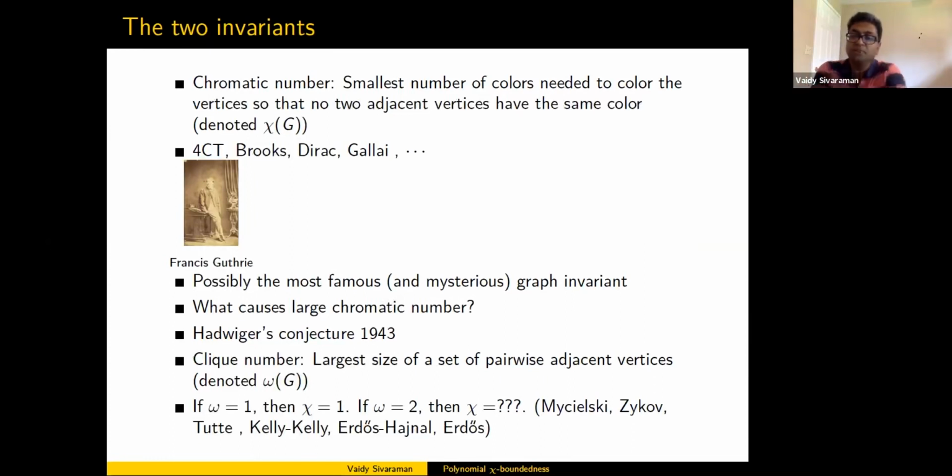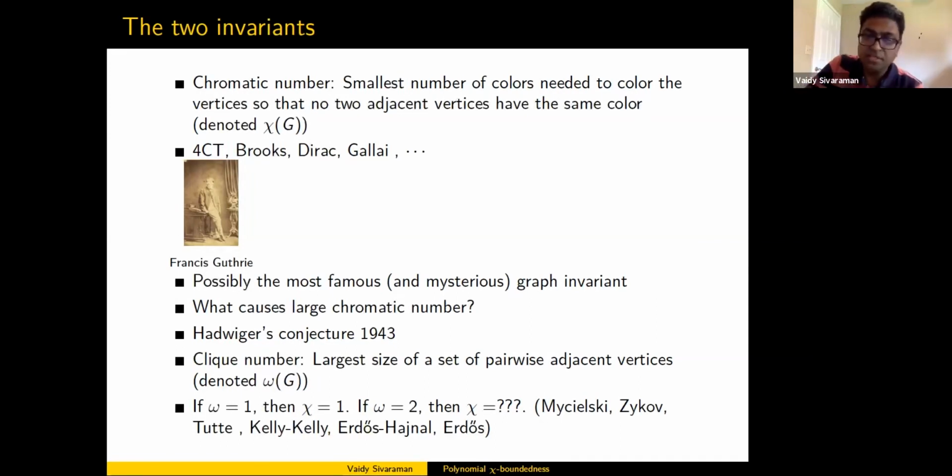what is the chromatic number? This has been investigated pretty heavily, and there are a lot of constructions which tell you that there are triangle-free graphs with arbitrarily large chromatic number. So just by the knowledge that omega is 2, there is no way you can say what the chromatic number is.